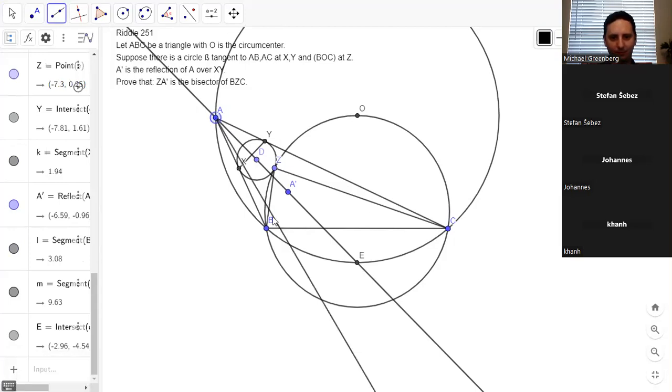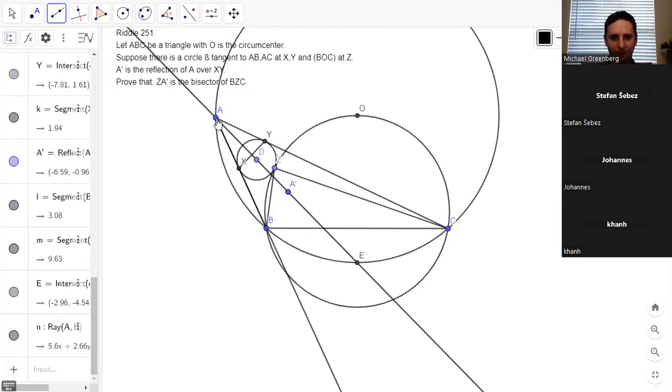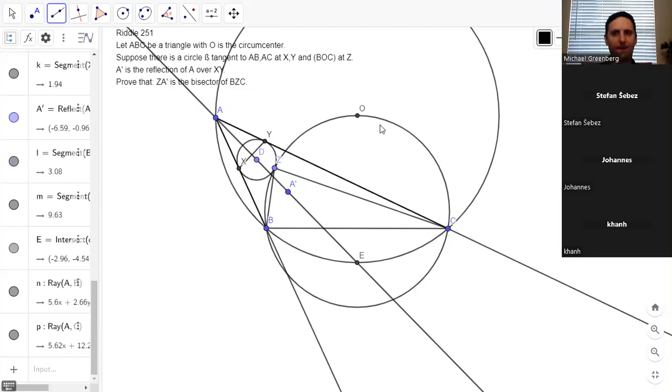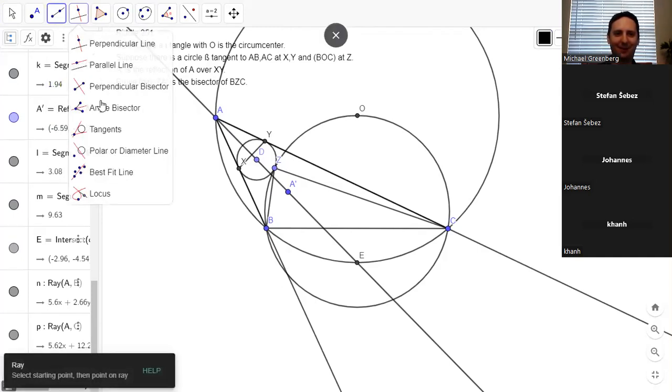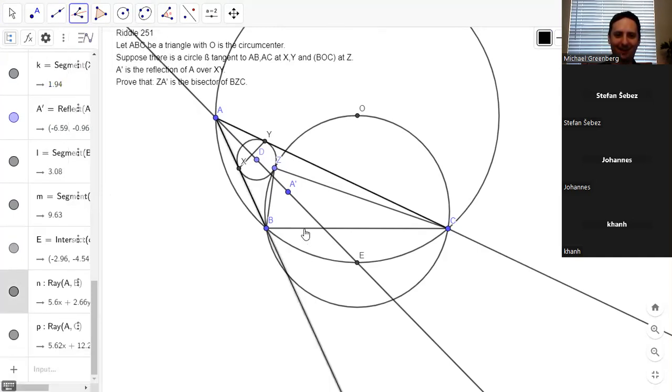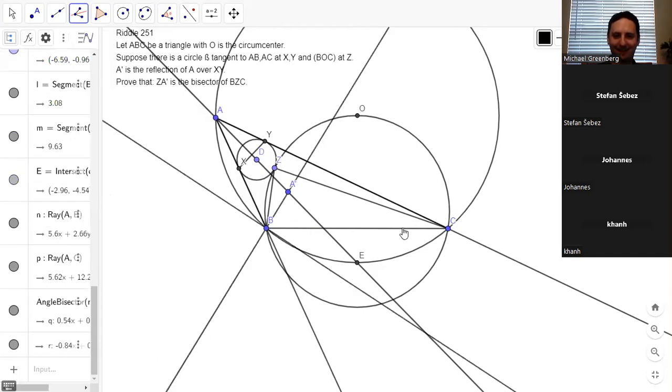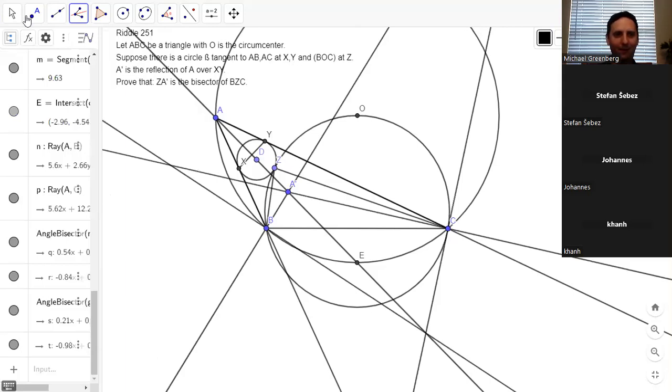Okay. So let's draw the X circle. And I remember your trick. I'm going to use it to draw the X center. There we go.